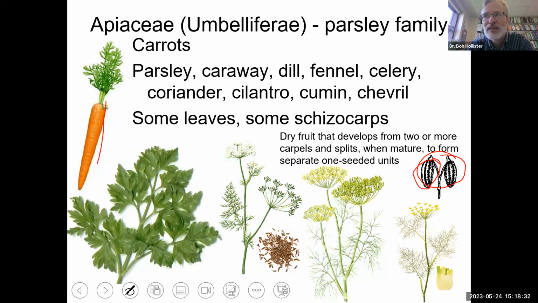So if someone's collecting wild parsley, be careful, because they're notoriously difficult to be certain of the species without flowers and fruit and a good knowledge.